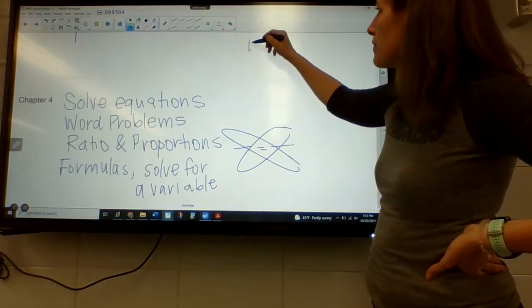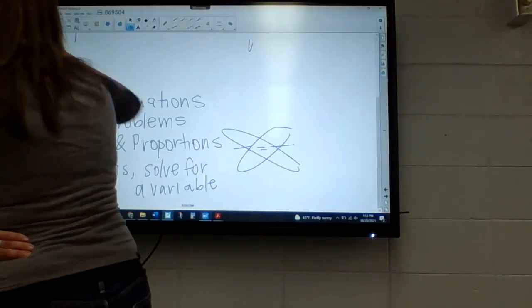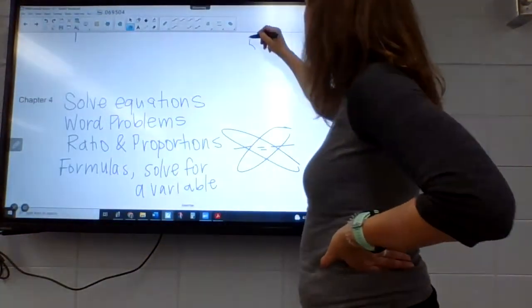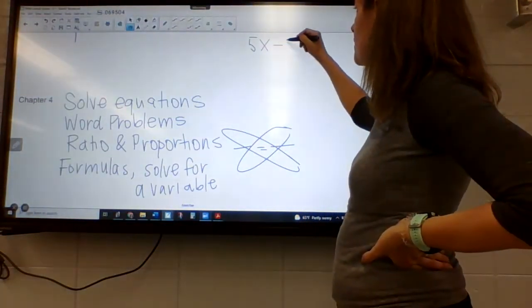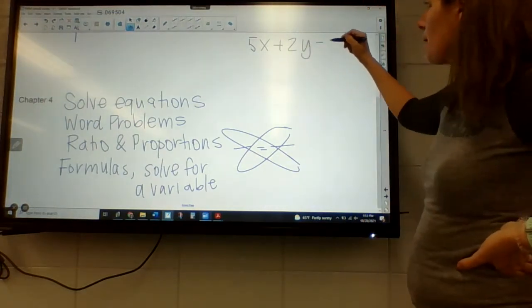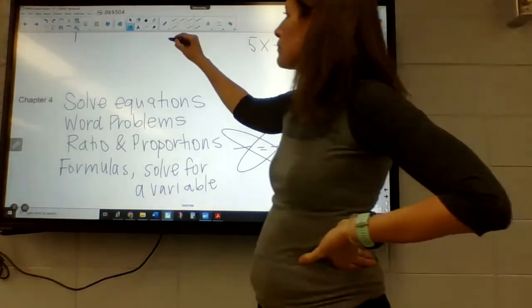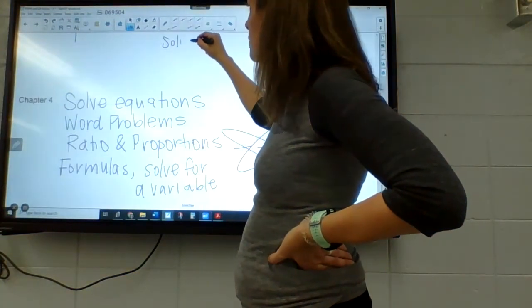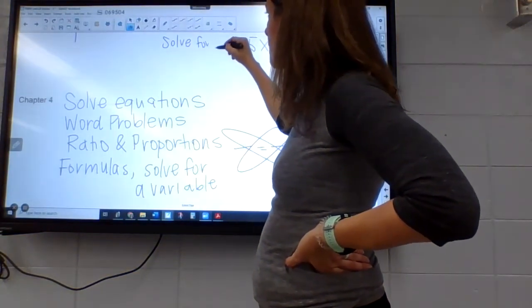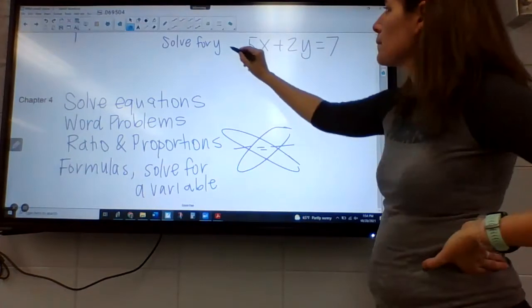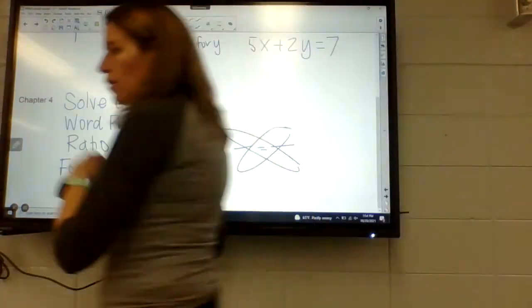So I have 5x minus 2y equals 7 and I want to solve that for y. What would you do to solve for y here?